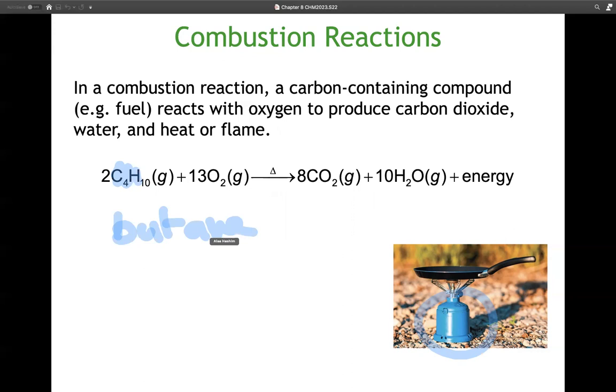If it reacts with oxygen gas and heat, it will form carbon dioxide, water, and energy. Energy could be in the form of heat. So that's an example of combustion reactions, and they're typically carbon-containing compounds reacting with oxygen gas.